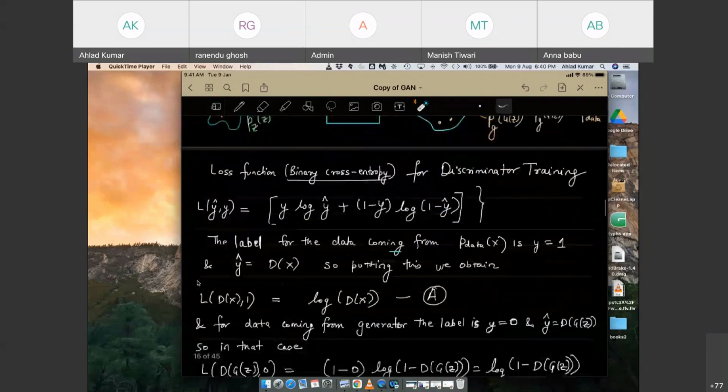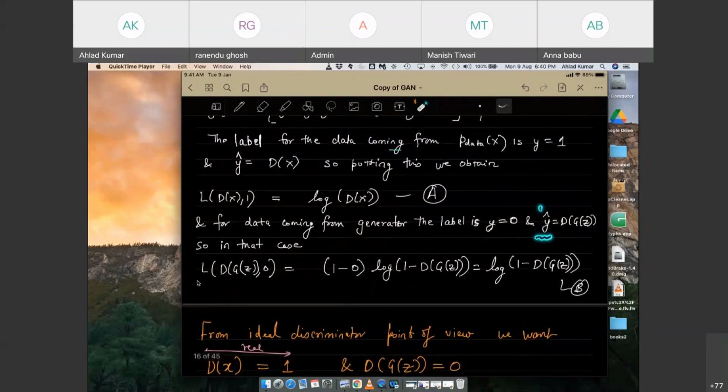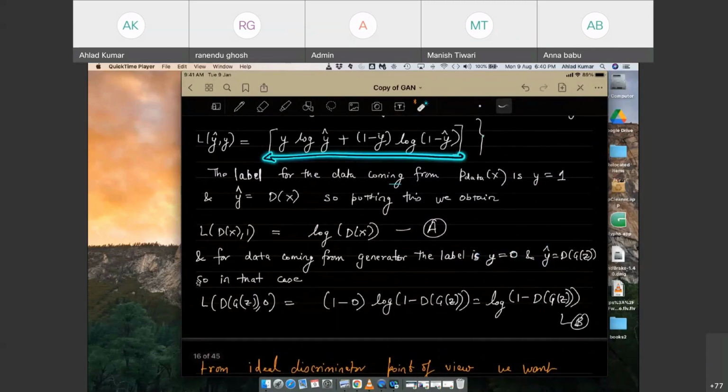If you put this y hat and y equal to 0 into the binary cross entropy function, you will get log of 1 minus D of G of z. So there are two terms now: one is log of D of x, and the other term is log of 1 minus D of G of z. What we are trying to do now is play with these two terms.